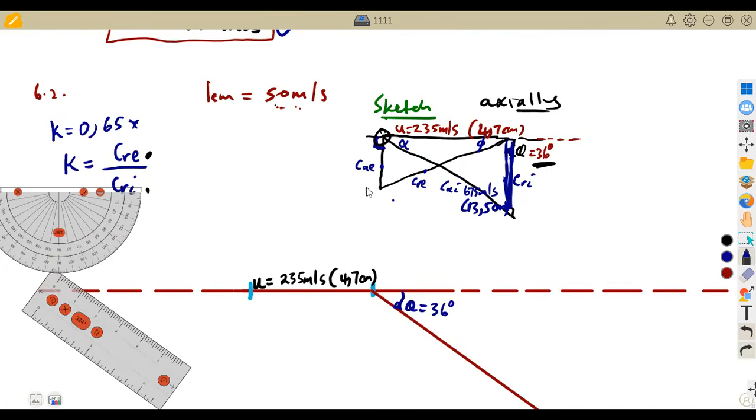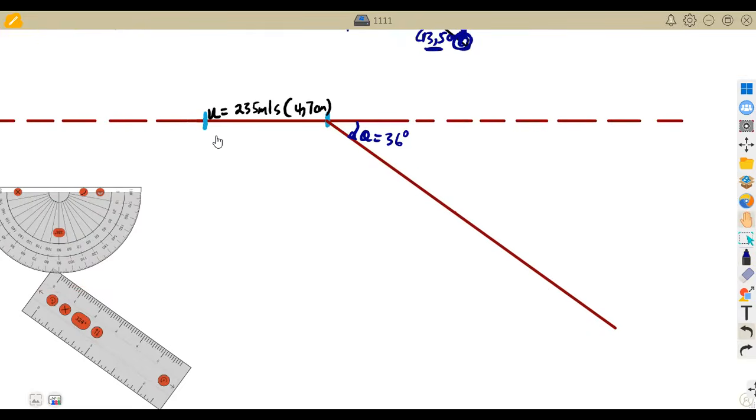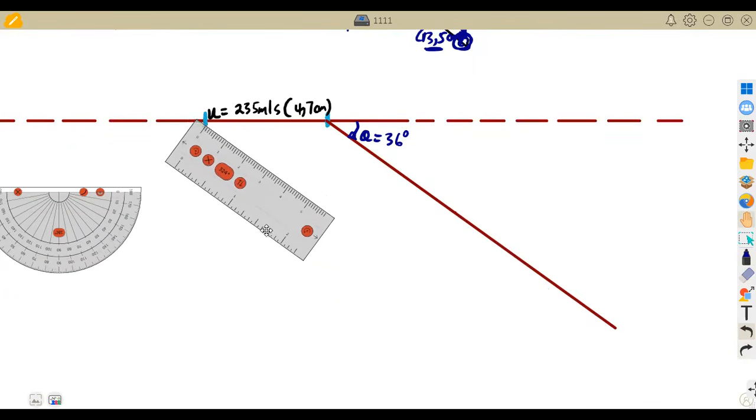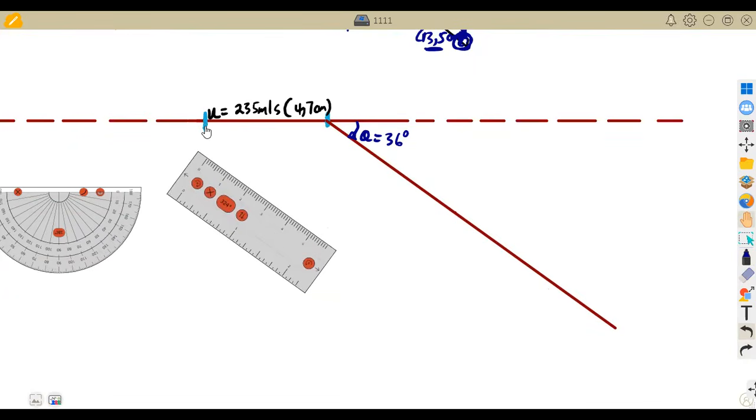What we know is that as we construct from this point here, 13.5 centimeters from this point must meet this line. So you are going to this point here and measure 13.5 to meet the line. The 0 must be at this point here.